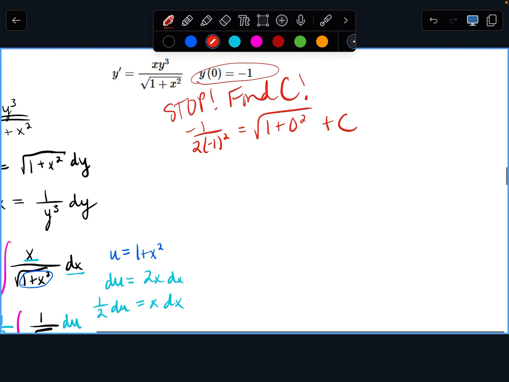Okay, what is this? Negative 1/2, right? Equals 1 plus c. Oh, and then I'll have a kid say c equals 1/2. So don't be that kid. Negative 3/2. You would never.